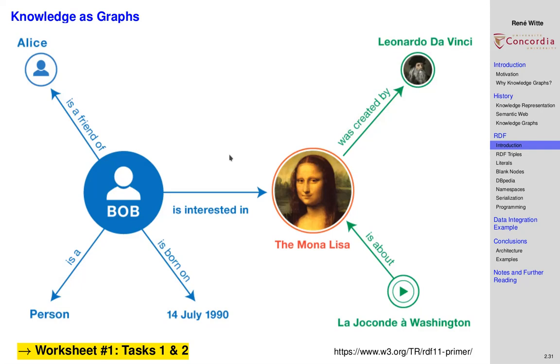But a knowledge graph we can extend with all kinds of information. Now we can add further information to Alice. We can add information about other things Bob is interested in, other connections to other paintings done by Leonardo da Vinci. So this can be continuously grown and extended without any need for modifying a fixed schema somewhere.